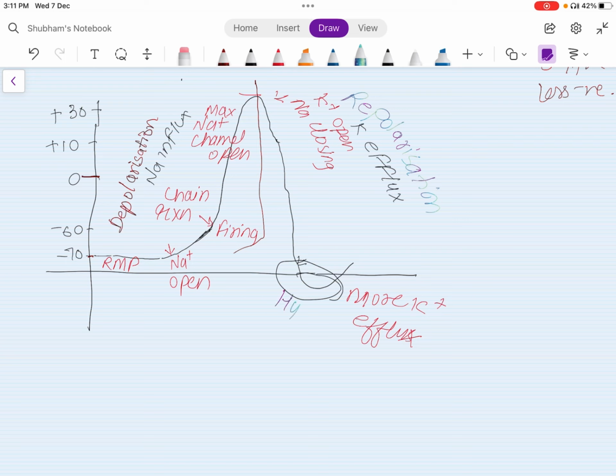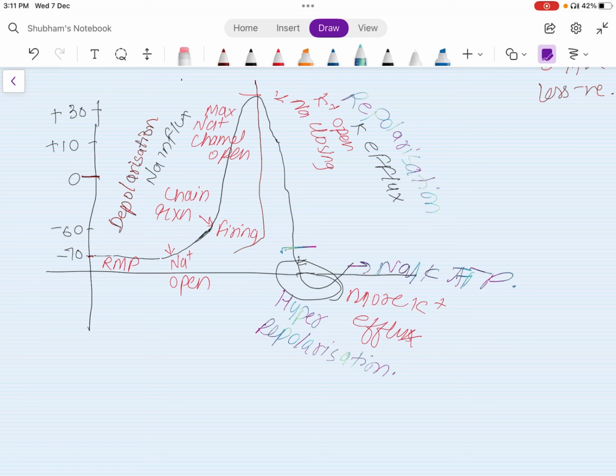What do you call this phase? This is hyperpolarization. It means we have overdone the work. We don't want it to be this polarized. We just want it to stop at minus 70 and not go beyond that. So that's why it's hyperpolarization. And it is the job of the sodium potassium ATPase.